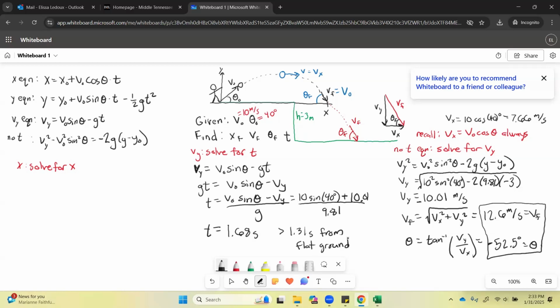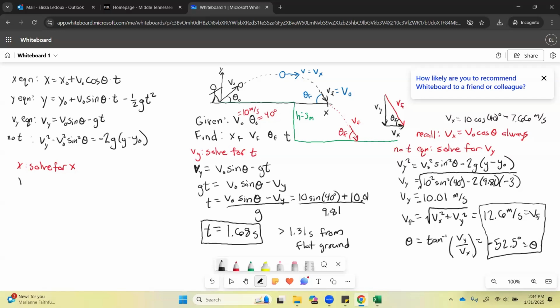Okay, and just as a reality check on the situation, it should take longer to hit the ground because it has to go farther. So T equals 1.68 seconds. Now for the x equation, x equals x initial plus v initial cosine theta times t.